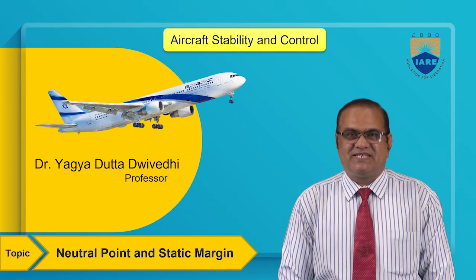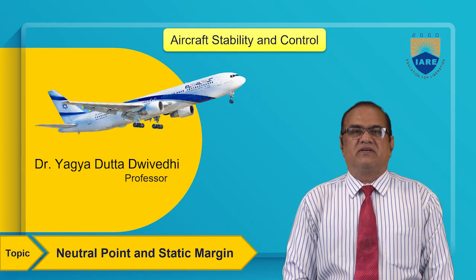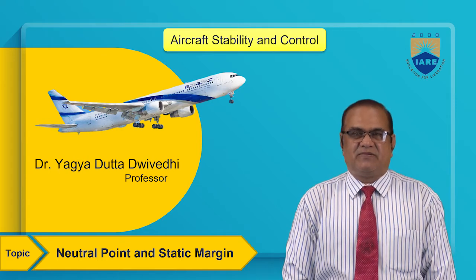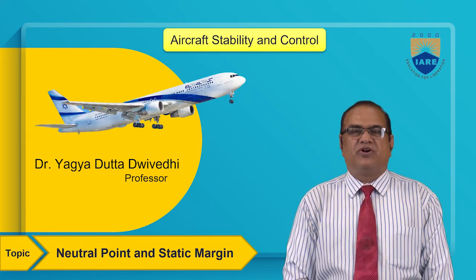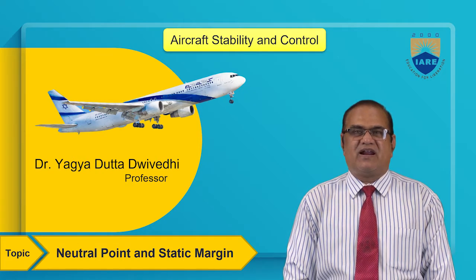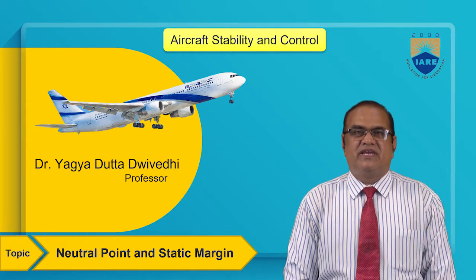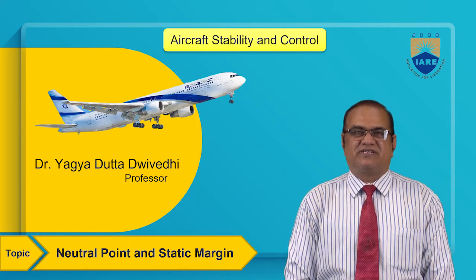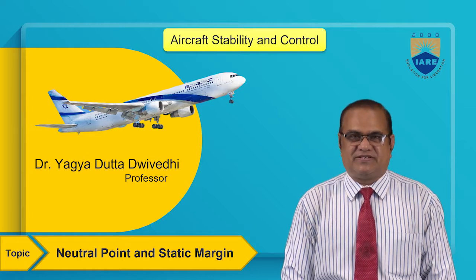In my previous classes, I have discussed aircraft static stability. We have two types of aircraft stability: one is static stability, another is dynamic stability. So what is static stability?